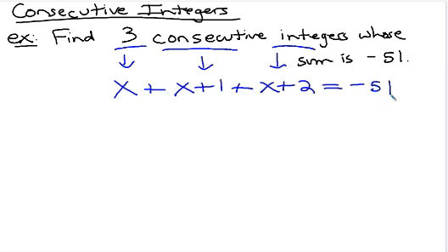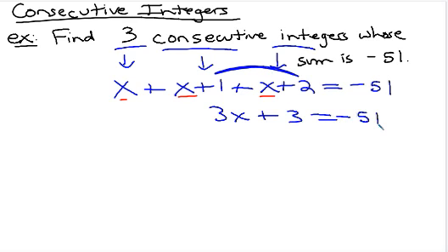And lo and behold, we have an algebra equation that we know how to solve. Now we got to add some like terms, don't we? What's x plus x plus x? Isn't it 3x? So that's 3x plus, combine my 2 and 1 to 3 equals -51.